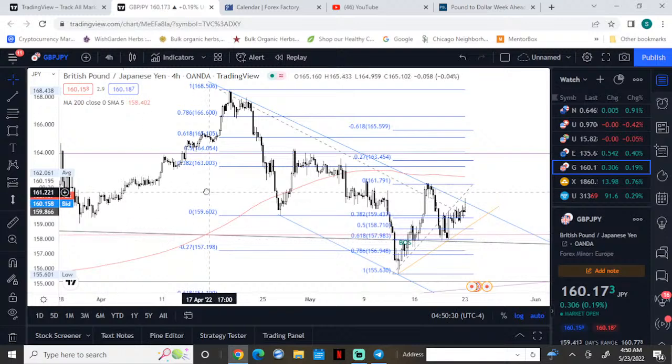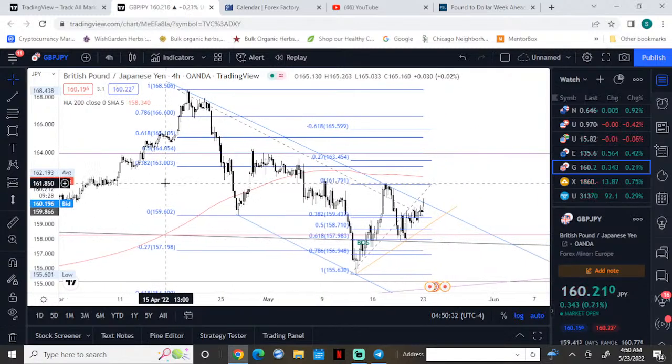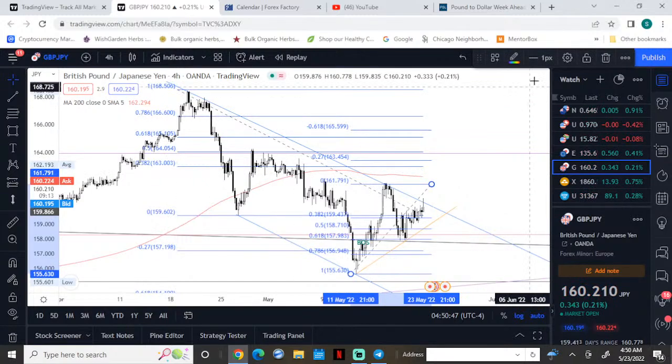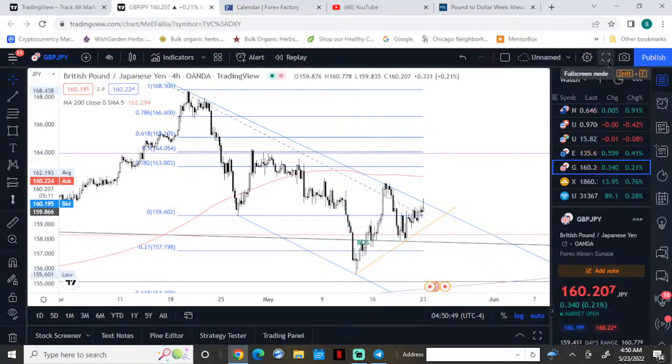Look at GJ. GJ looks like it's going to fall. I got too many fibs on here. Alright, let's see.